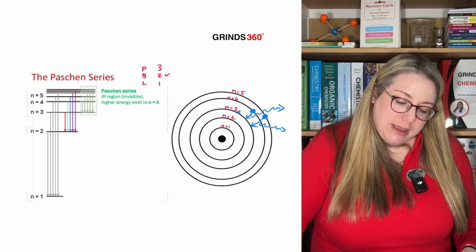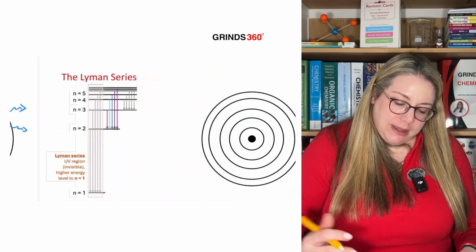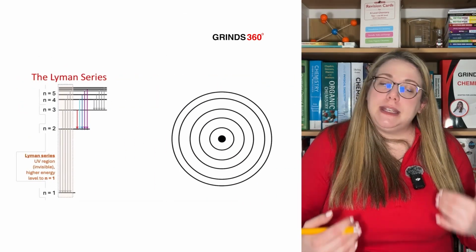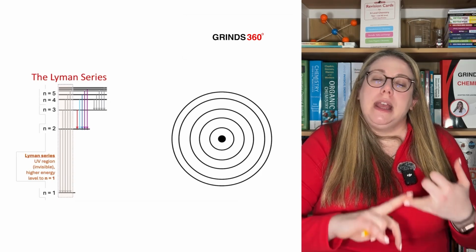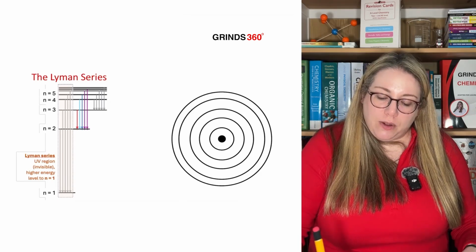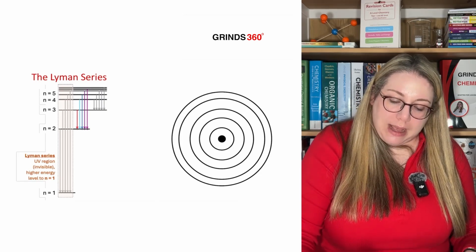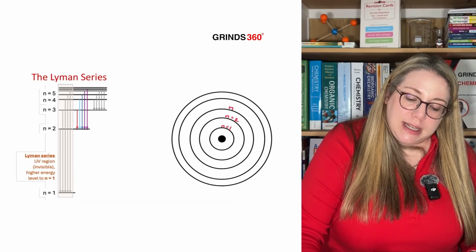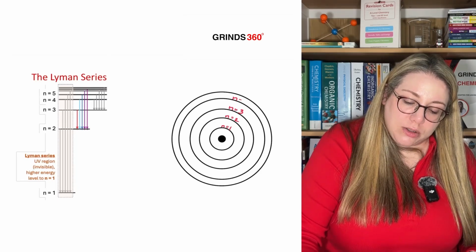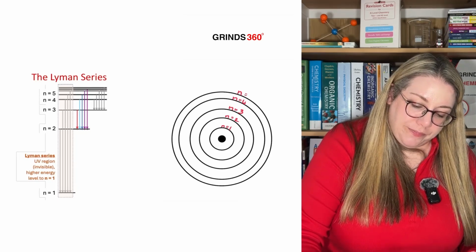Next. The last one that we need to deal with is the Lyman series. Now, we've already dealt with n is equal to 3 and n is equal to 2. The last one is if your electron falls to n is equal to 1. That will produce a line in the Lyman series, which is in the UV, or the ultraviolet region of the spectrum.